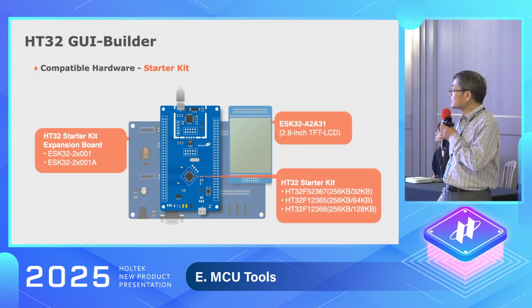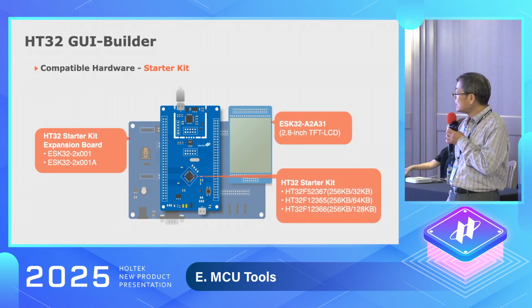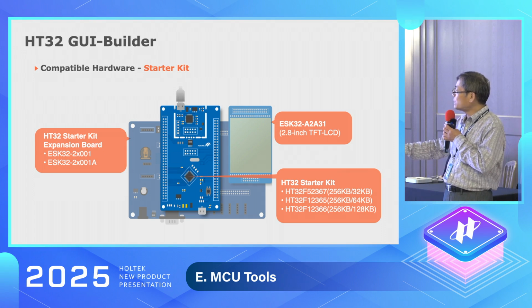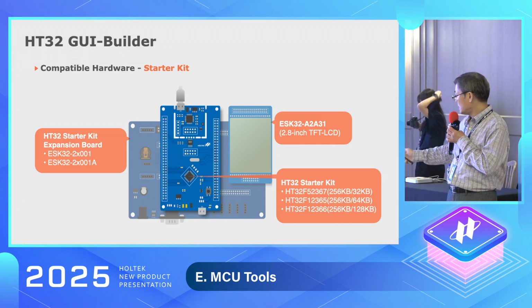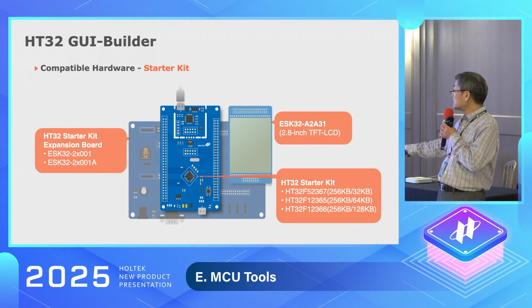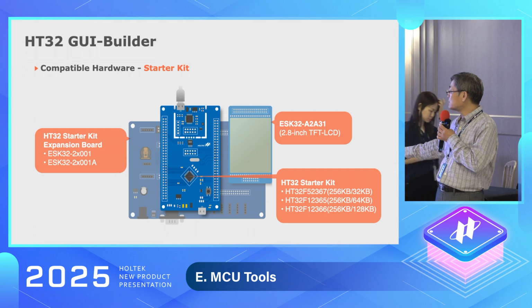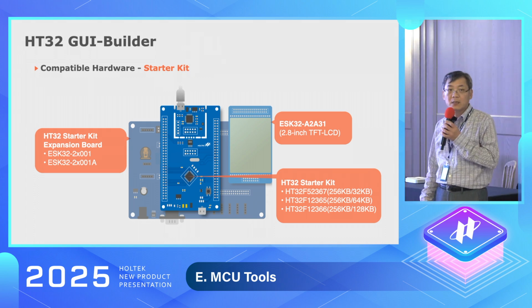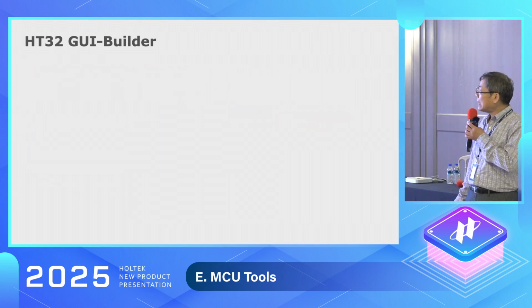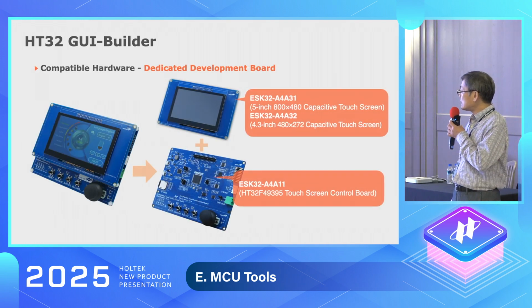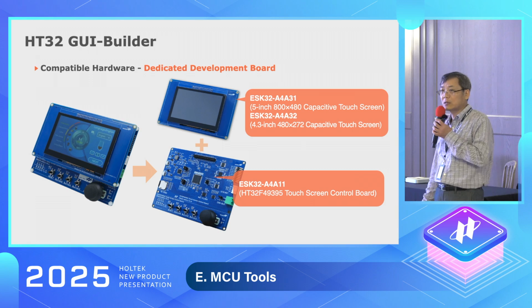To use starter key, you probably will need an extension board. And this extension board you can connect to a TFT display. And the supporting devices are here. There are several devices supporting the GUI Builder. This one uses Holtek's M4 controller.